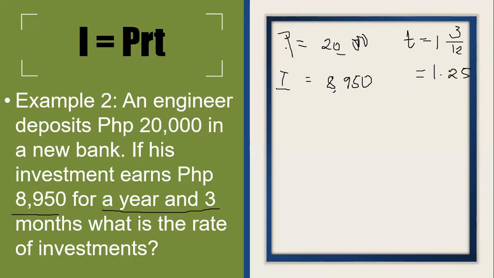Ano pa po? We have our P, we have our T, we have our I, and then what is the rate? So yung rate po ang missing.